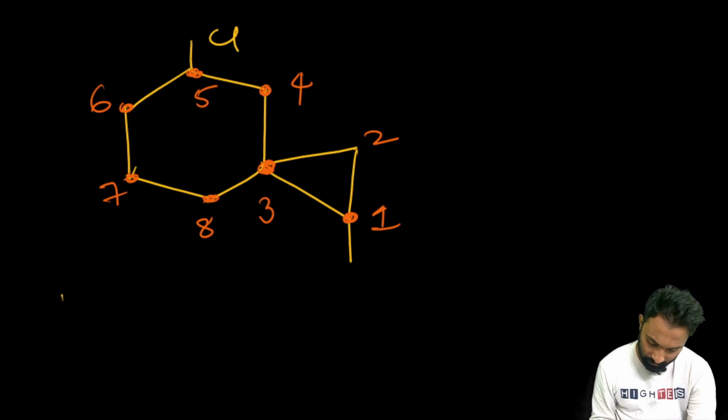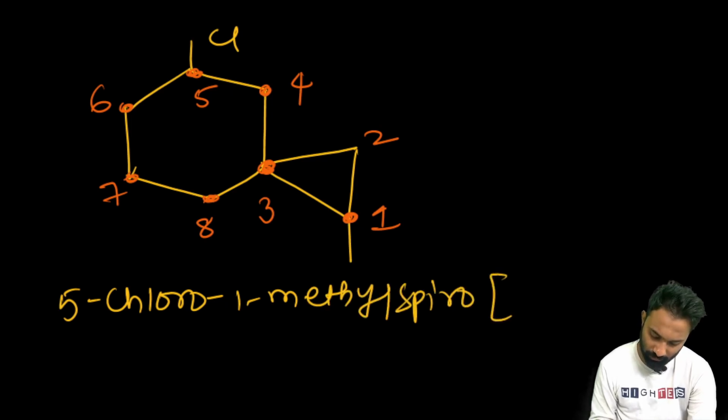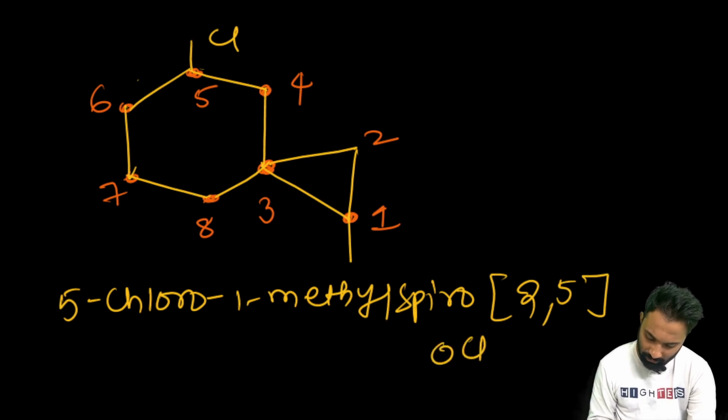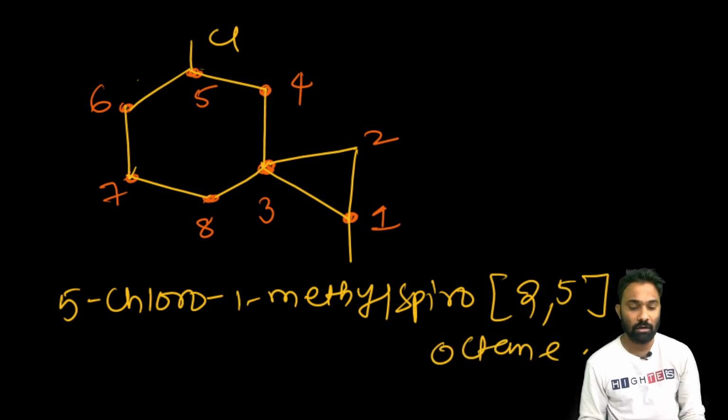Then it will be 5 chloro, 1 methyl, Spiro. How many are there? 2 comma 1 2 3 4 5. 2 comma 5 comma 0. How many carbons total? Octane. This is the compound name.